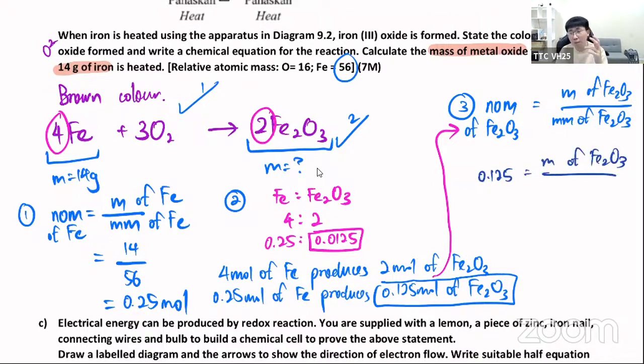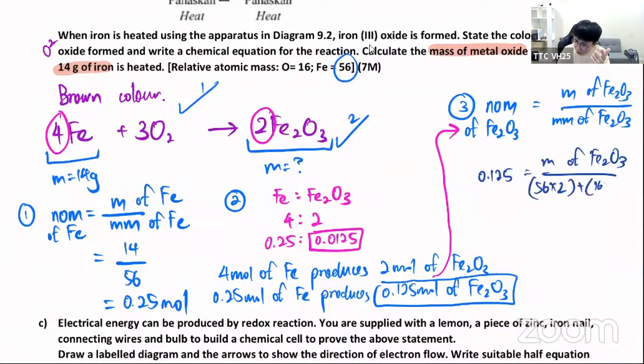Okay, but guys, what is the molar mass of Fe2O3? When you calculate molar mass, don't times the 4, don't times the 2. That balanced equation is only used to compare ratio. The 4 and 2 are only for comparing ratio, not involved in your calculation. So molar mass of Fe2O3, you do it yourself. Fe2 will be 56 times 2.